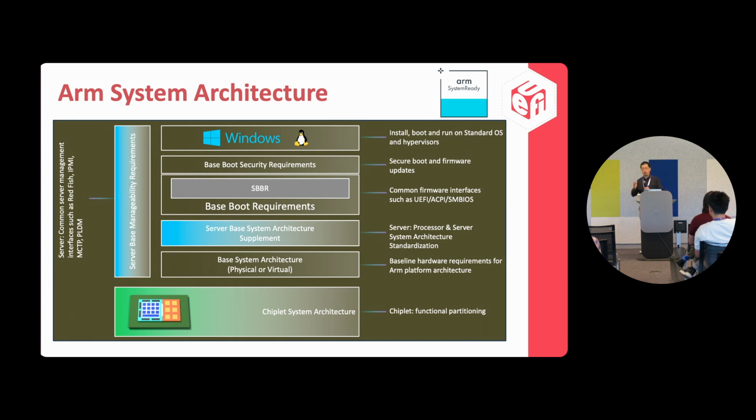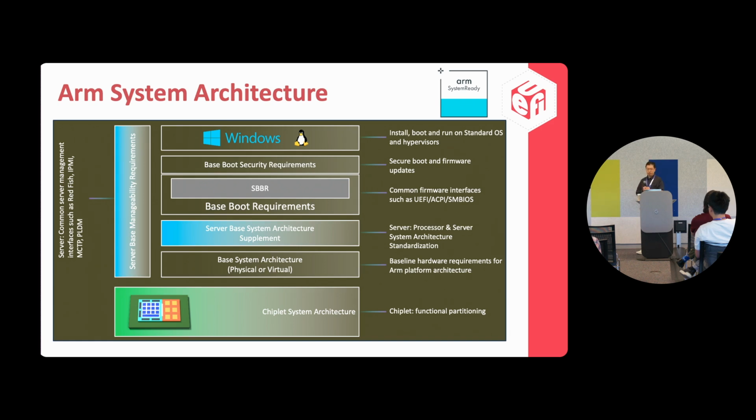So basically, this is one of them, right? This is what we call the System Ready band today. What it does is define the hardware and firmware requirements so that general purpose operating systems like Windows and Linux distros can work on these systems, whether it's PCs or DPUs or IoT devices or servers.